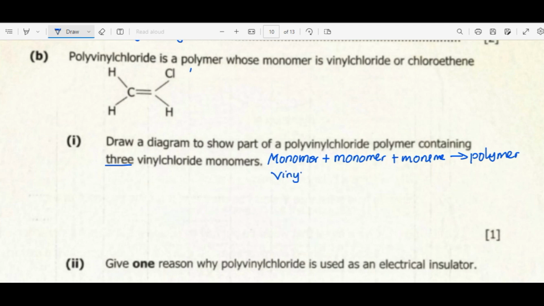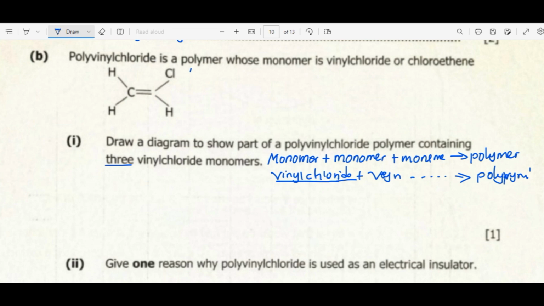So vinyl chloride plus another vinyl chloride plus another vinyl chloride. The polymer, you write the word poly, then you take one of the monomer. So the name now becomes polyvinyl chloride. So that's what you're supposed to do in a case where you are struggling with naming.